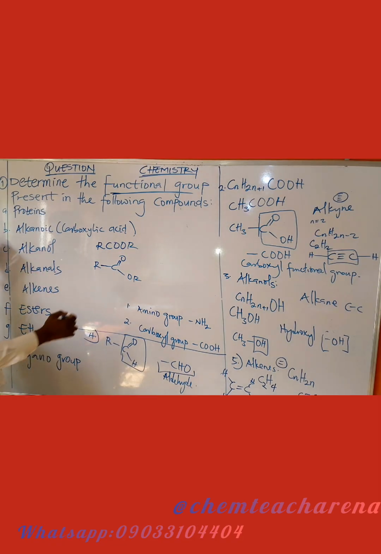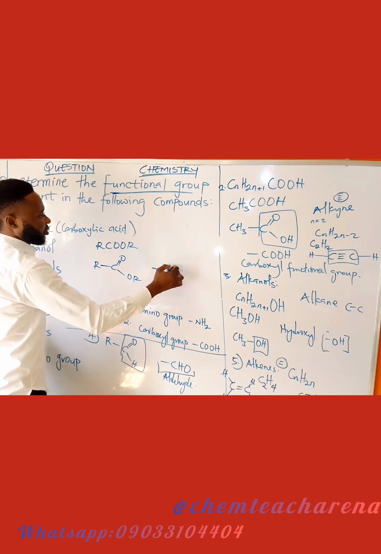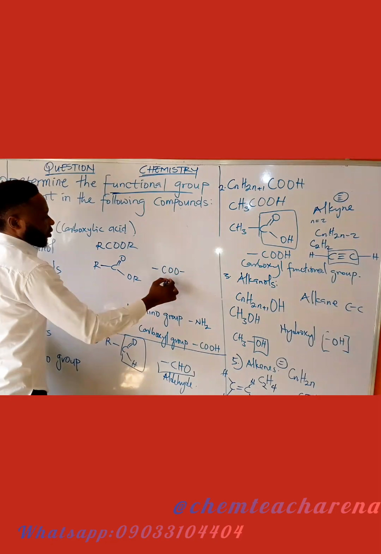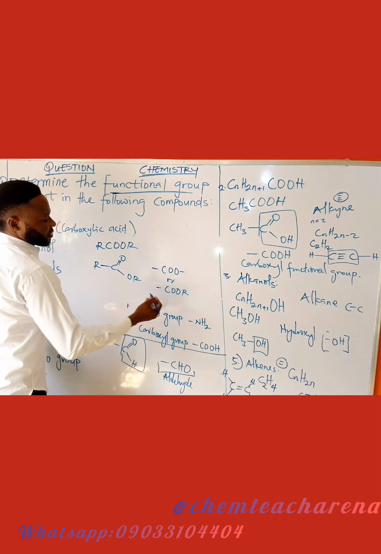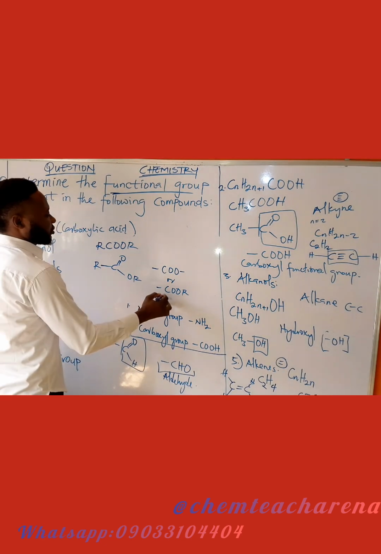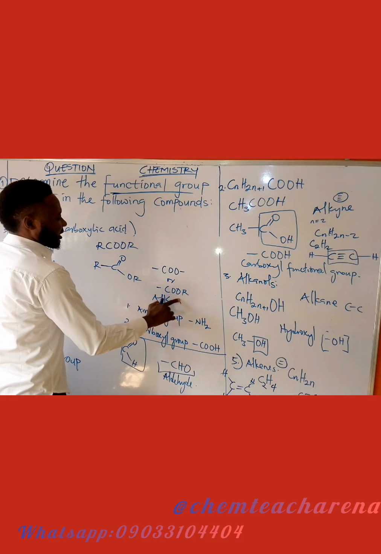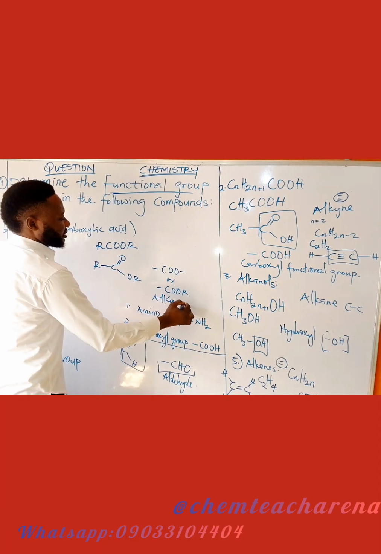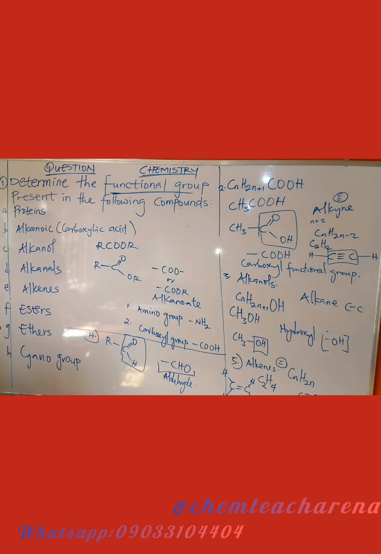The functional group for ester is dash COO dash or dash COOR. Whichever one you take, they are both correct. Esters are named as alkanoates. That is the functional group.